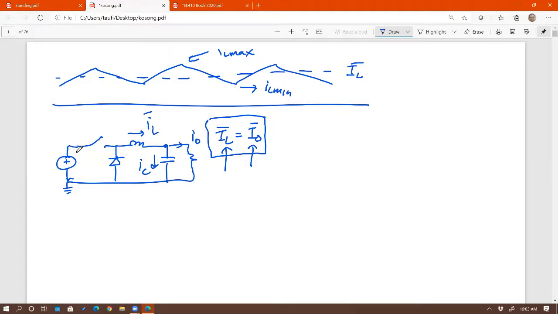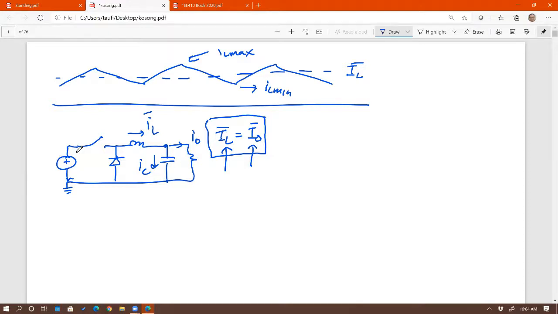Think about it from the practical point of view: when you're designing a converter, don't you want to size the components or understand the current or voltage average and RMS values in the circuit based on the given parameters or design specifications provided by a customer, for example?